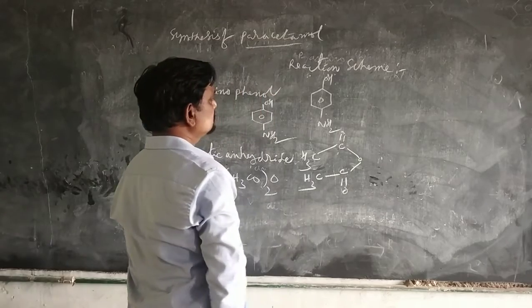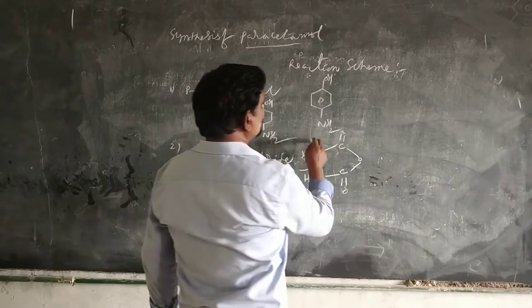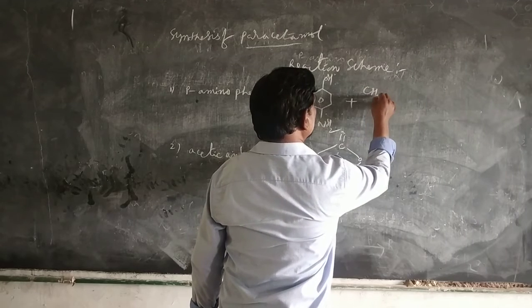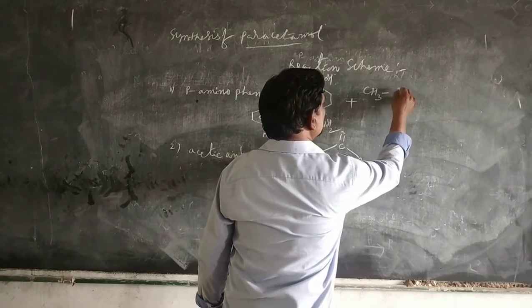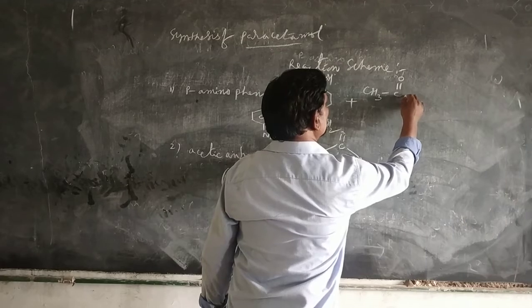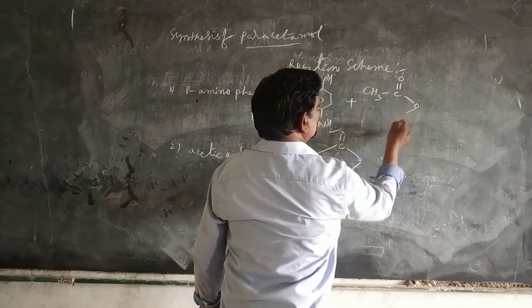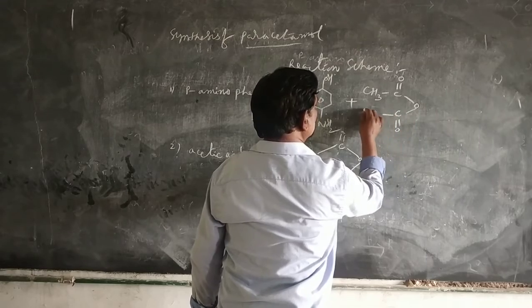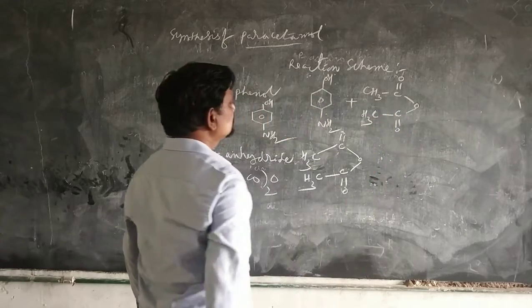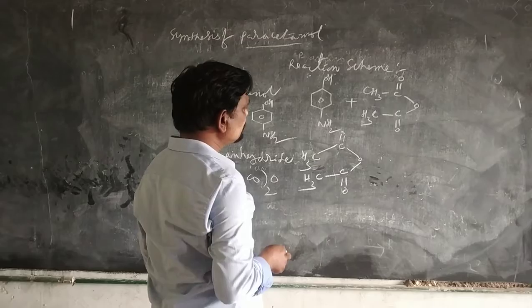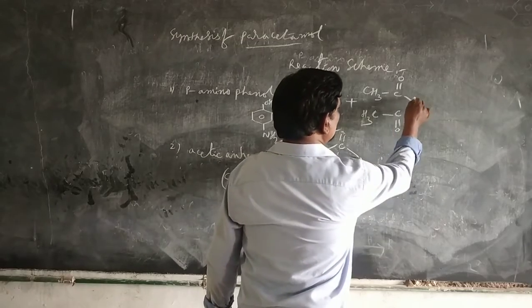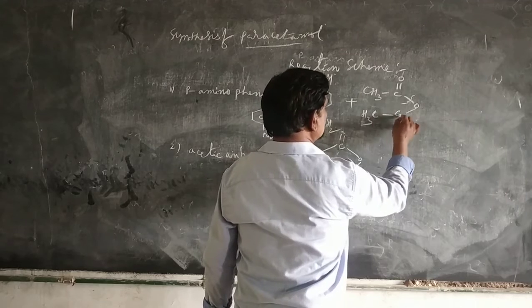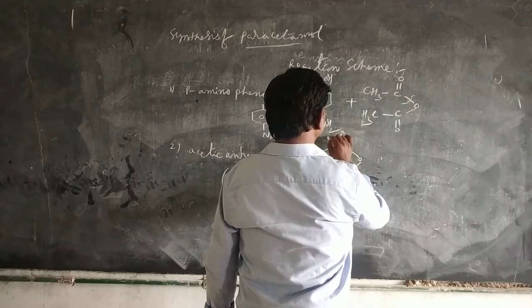It is treated with acetic anhydride, CH3CO O C double bond O CH3. In this reaction, the bond breaks, and CH3COO minus attracts one proton.